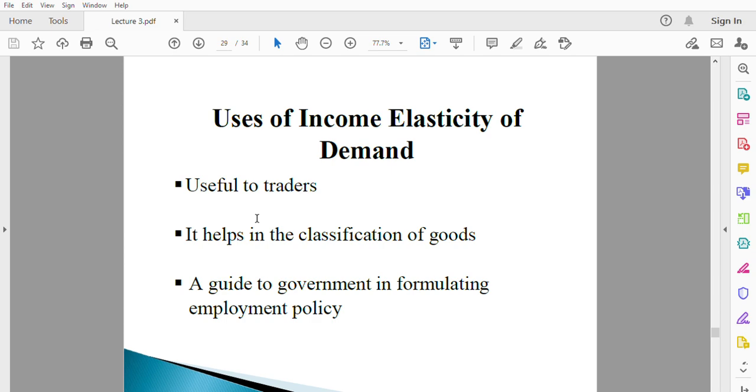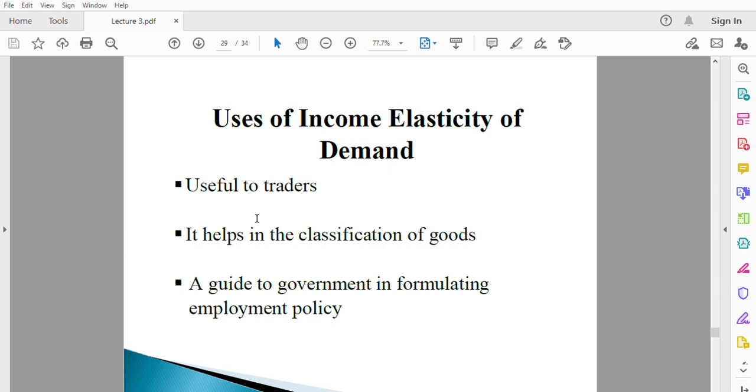There are some commodities that are normally considered as inferior. Traders have known and they consider them as inferior, so it tells them where to sell such commodities. In Ghana, let me talk about a commodity like, well, you can disagree with me, but let's talk about a commodity like Gari. When people become rich, they stop eating Gari.